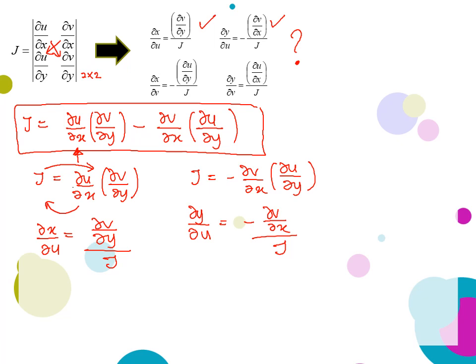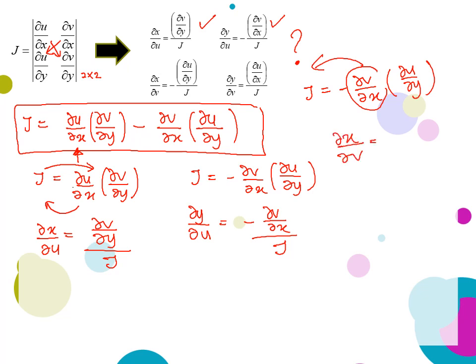Now for del x del v, where can you get it? Del x del v is here. So you can take this to the right hand side, so you will get J equal to negative del v del x del u del y. Because you need del x del v, take this to the left hand side, so you will get del x del v, and you are left with negative del u del y over the Jacobian on your right hand side.